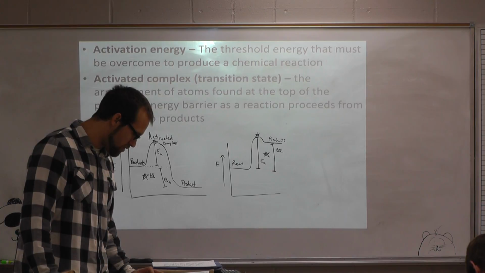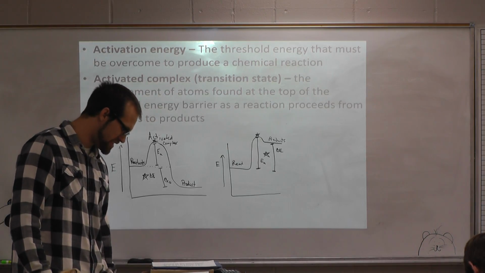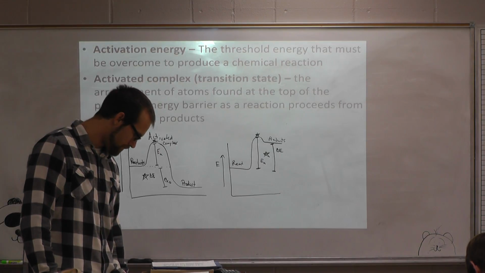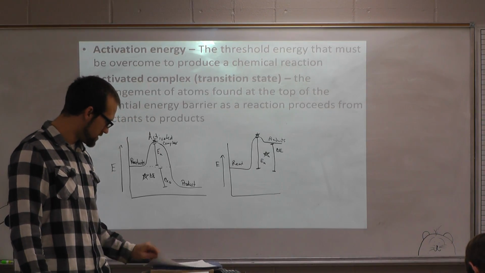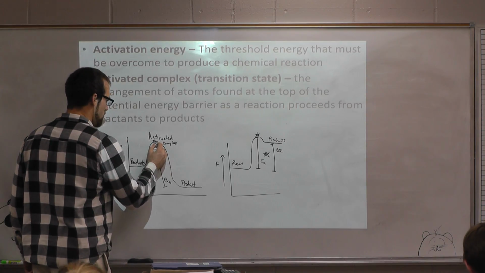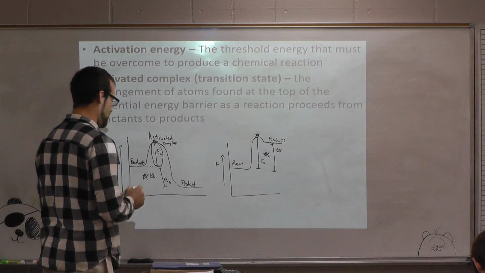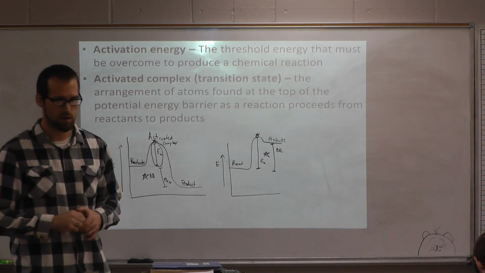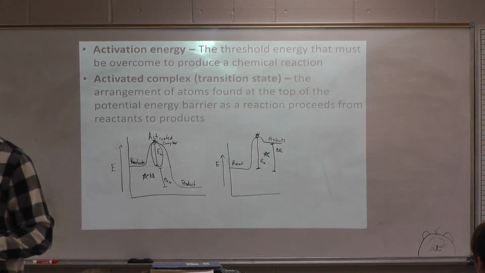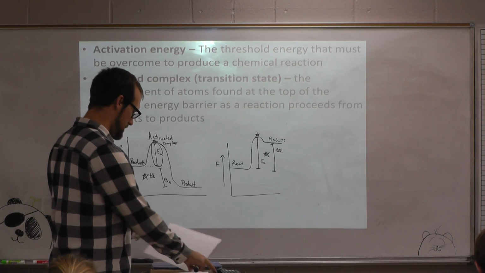At a given temperature, only a certain fraction of collisions possess enough energy to be effective. So what we have is this idea that the rate is going to be determined on being able to overcome or surmount the hill, or the activation energy.